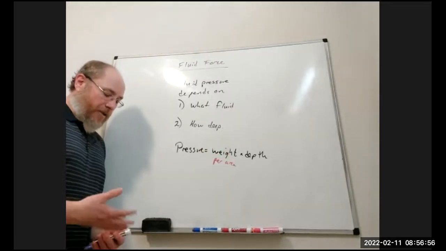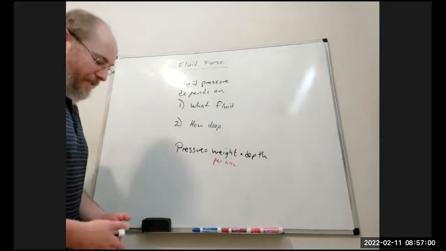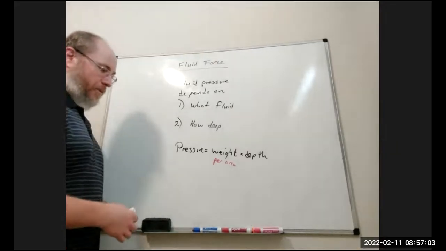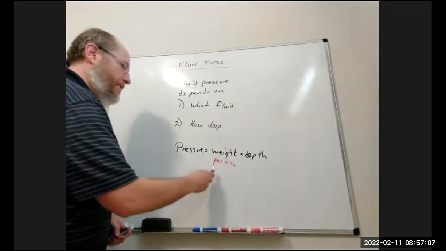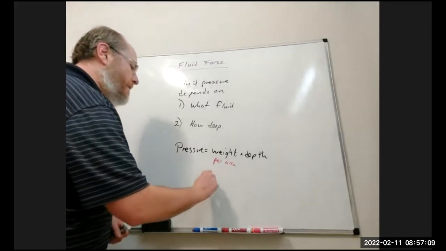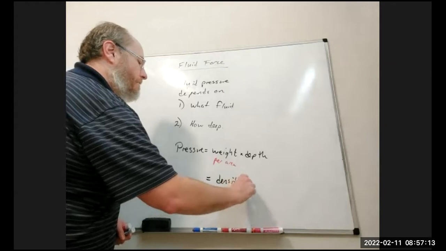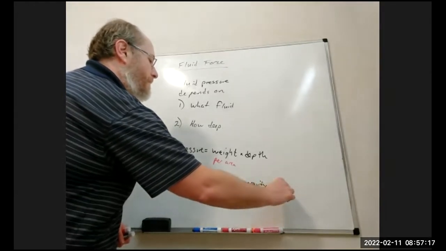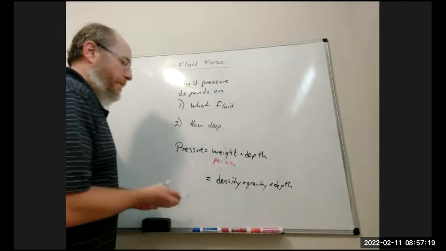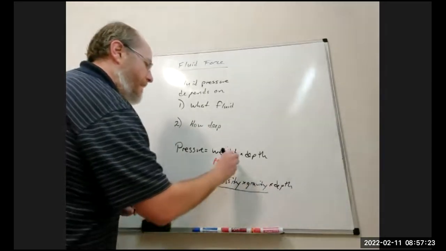All right, so pressure is going to be a weight per area times depth. All right, so if we want to relate this back to density, because density is usually a little bit more known than the weight, we can also think of this then as density times gravity times depth, because your weight is going to be the density times gravity.